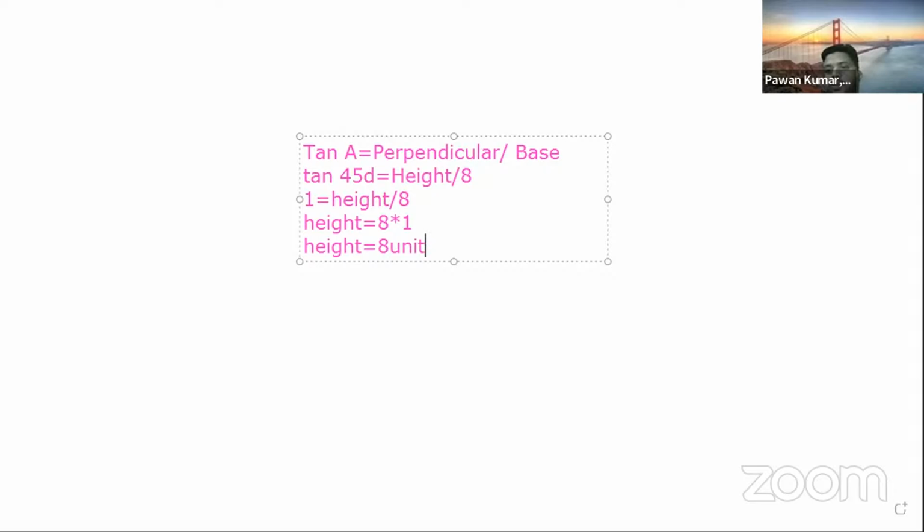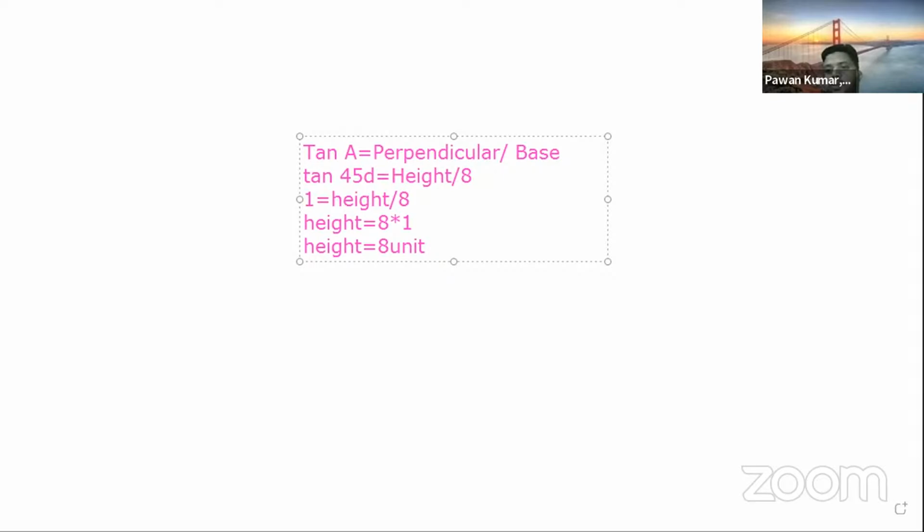From this we can conclude one thing: if the base is the same and the angle is 45 degrees, then this base PR and this QR are of the same height, the same units. If it is 45 degrees, PR and QR have the same ratio, which equals 1 because tan 45 equals 1.